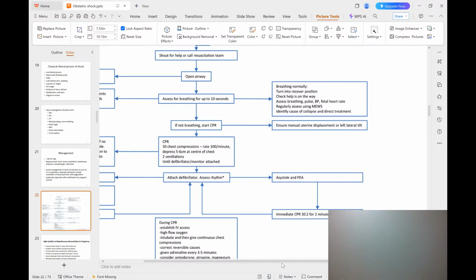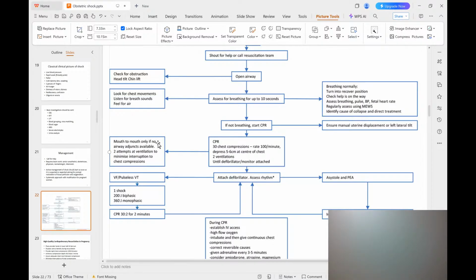With two ventilations, the defibrillator or monitor can be attached. Then also mouth to mouth resuscitation only if airway adjuncts are not available, with two attempts at ventilation to minimize interruption. And once the defibrillator or AED is available, we'll attach it.